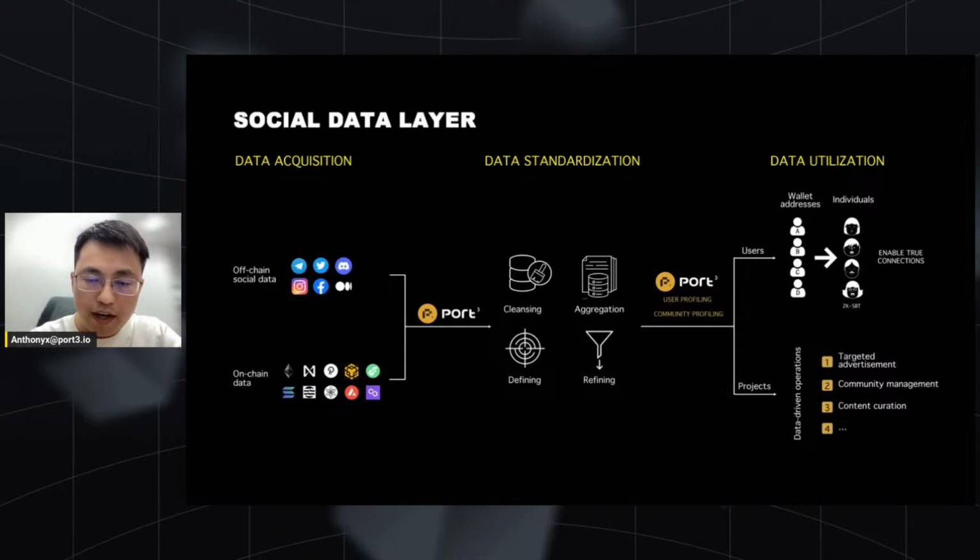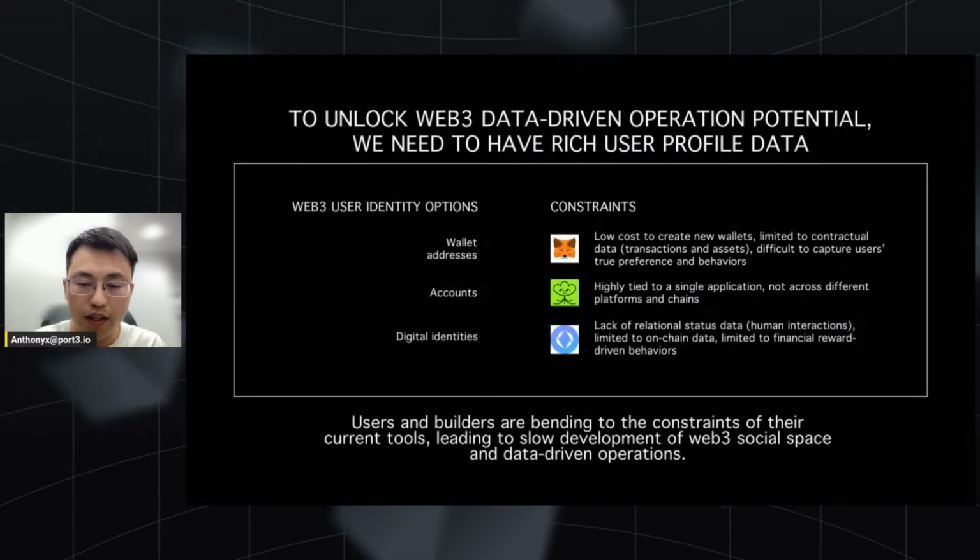Third parties can read the aggregated data from our social data layer contracts directly to build their applications, such as community management, or, for example, smart ad jobs and targeted advertisements. So this is what we want to build for the social data layer.